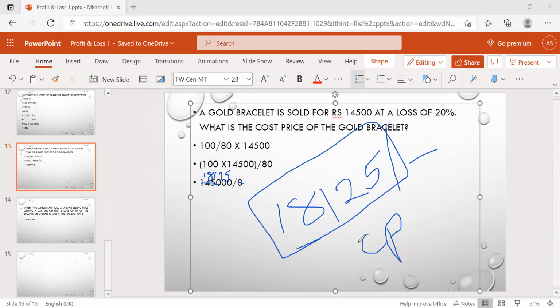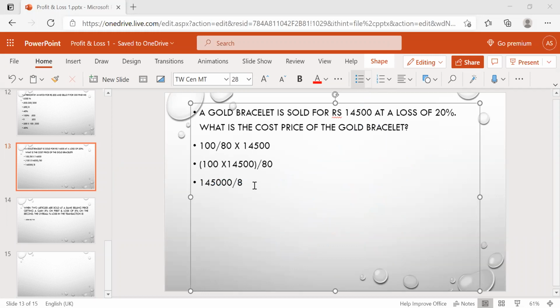So actually that bracelet's cost price is 18,125, but he sold it only at 14,500. Then he got a loss of 20%. So this is based on the formula. In the same way, in small problems you cannot identify the difference between the percentage method and the formula. Even with percentages: 20% loss means 80% of the cost price is selling price, that is 14,500.